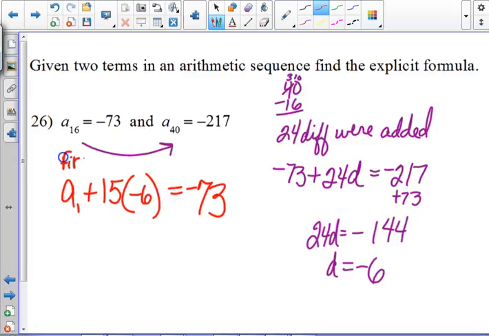Let me write that in words for some of you. So now we're going to solve that.